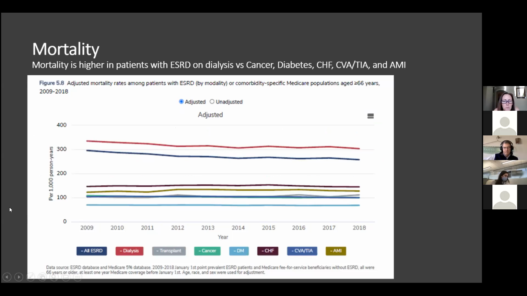And it really comes home when we show this original graph with our dialysis patient up here at the top compared to all these other significant diseases. And you can see that a patient with a transplant blends in with these other more serious diseases, with a reasonable expected mortality rate.